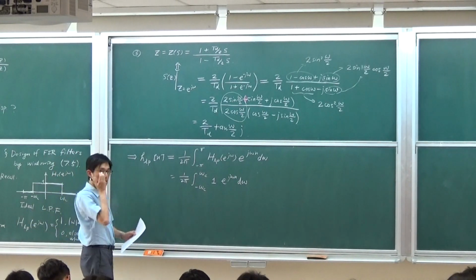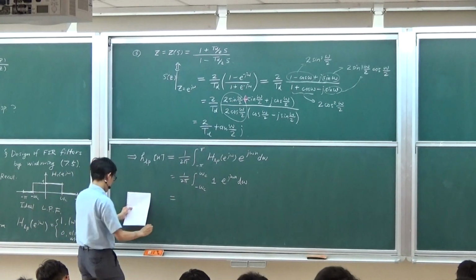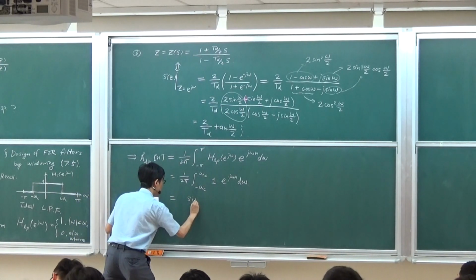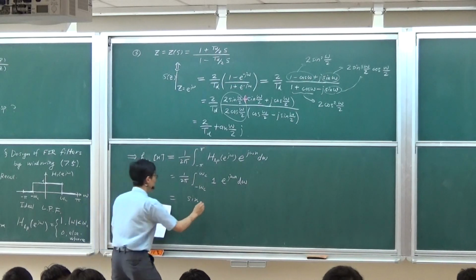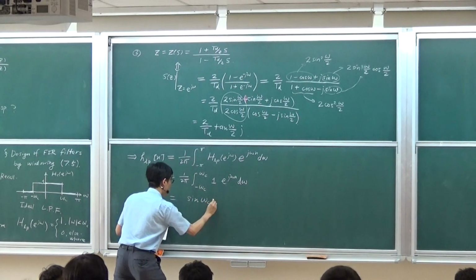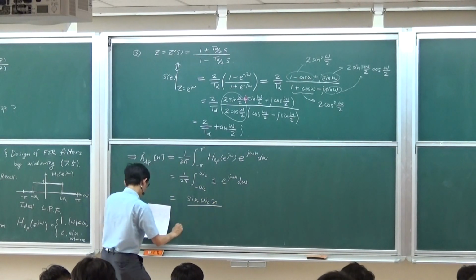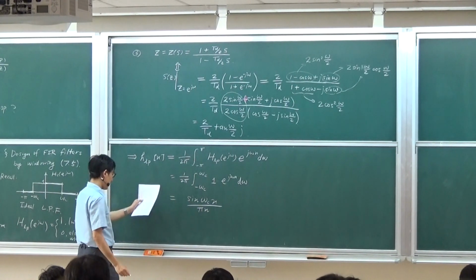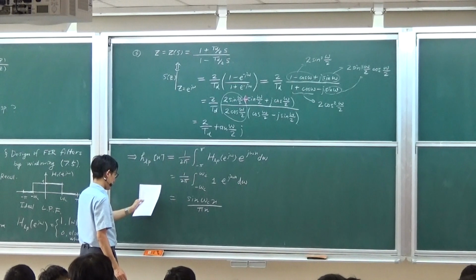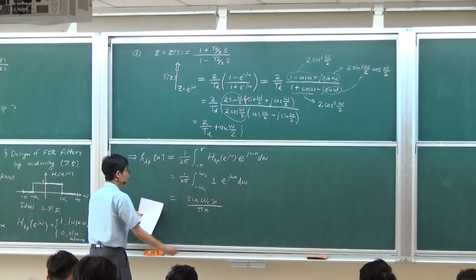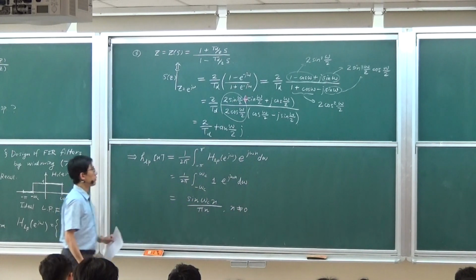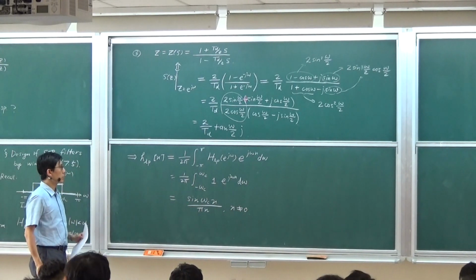The result should be pretty familiar by now. It turns out to be sine of omega c n divided by pi n, for n not equal to 0.